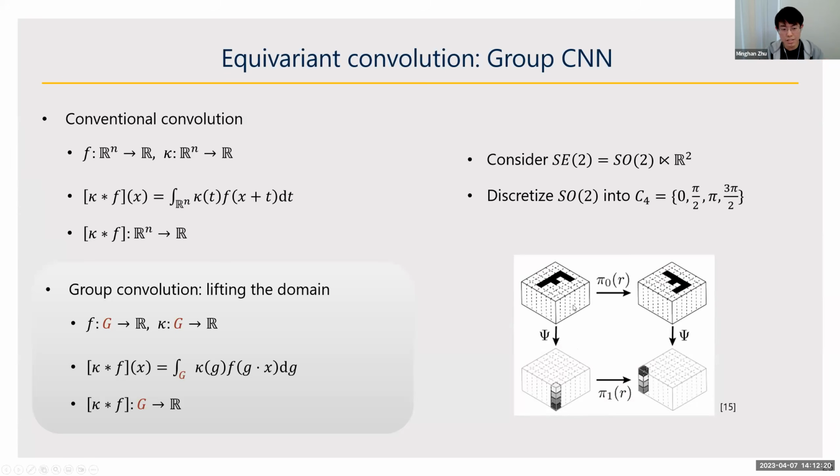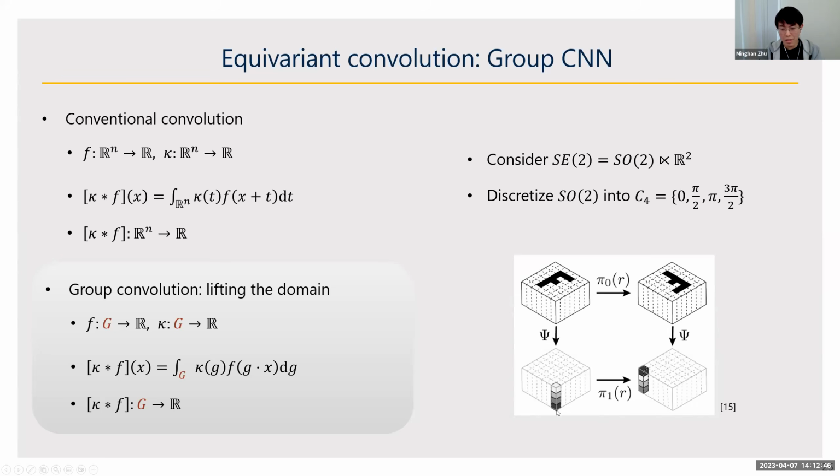And in this case, what we will see is that the feature map, originally defined on the R2 space, if we augment that to the group C4 of SE2, the input feature map will be defined on R2 times 4.